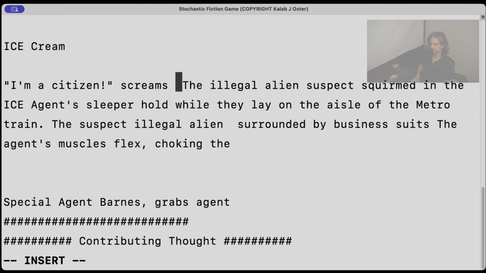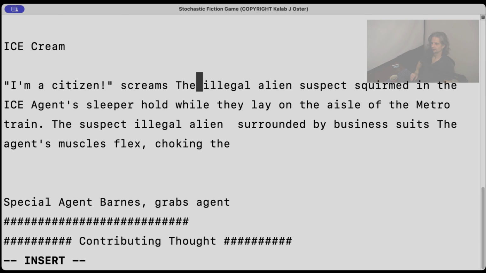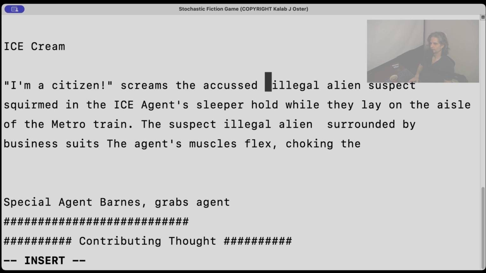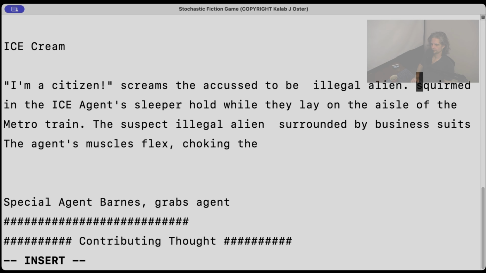Screams the suspected illegal alien, the accused. The accused to be illegal alien. I wish I had my dice. I'd roll for gender.